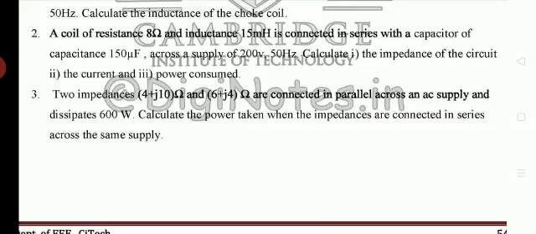Two impedances 4 plus j10 ohm and 6 plus j4 ohm are connected in parallel across an AC supply and dissipate 600 watt. Calculate the power taken when the impedances are connected in series across the same supply.